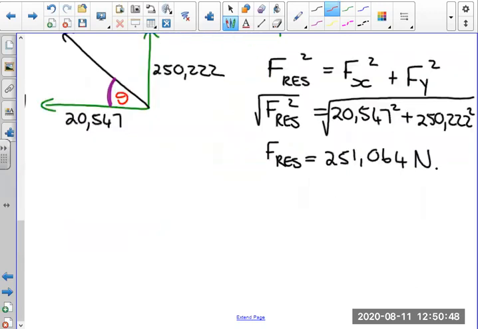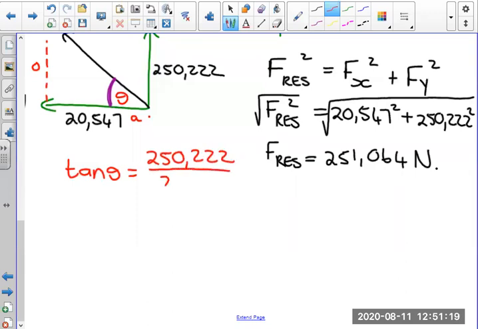Now, to work out this angle, you can use tan. Just remember I have to use tan to work out that angle. So tan equals opposite over adjacent. So tan theta equals opposite, which is the y component, in this case 250,222, divided by the x component, which is 20,547.